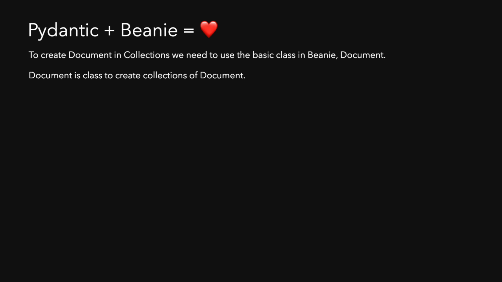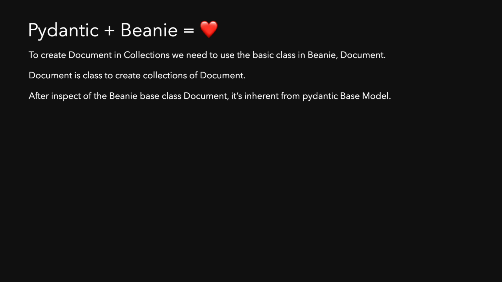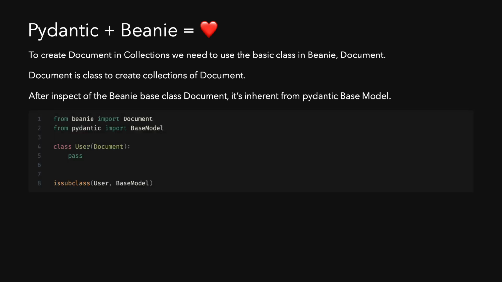Document is a class to create a collection of documents. I hope you understand that. After inspecting Beanie's base class Document, I'll show you that it inherits from the Pydantic BaseModel. As you can see, we import Beanie and Pydantic. We create a class UserDocument, and if we run it, we can see that it's true.